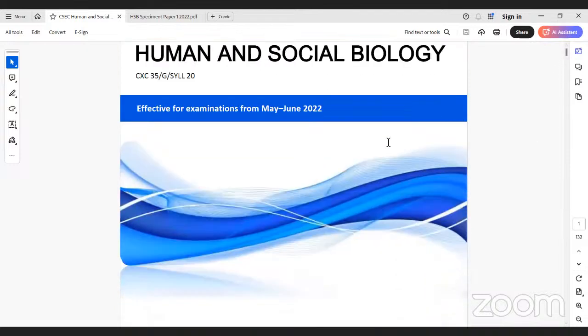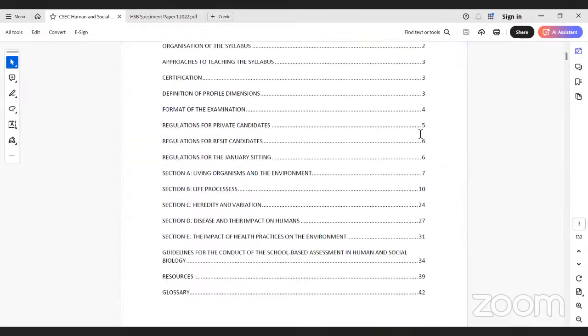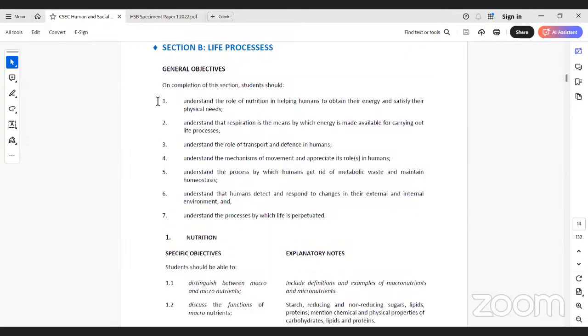There are 5 sections of the syllabus, and you will get multiple choice questions from all of them. Section B is the largest section. It covers life processes, and has to cover 7 general objectives.